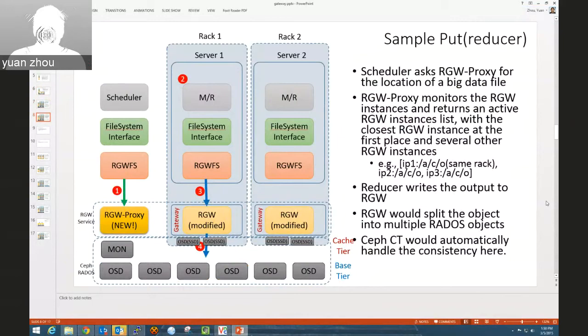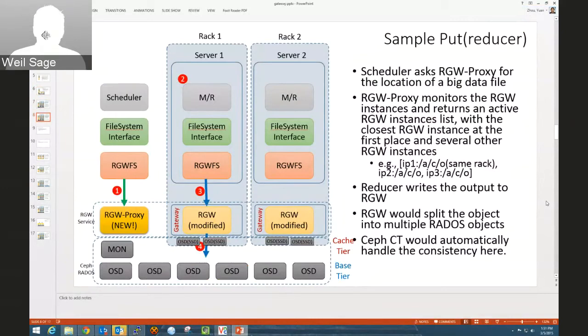So you can have some failover. Okay, so next step, the reducer writes these outputs to RGW through some RESTful put, and RGW would split the objects into multiple Rados objects. So this is the put process here.